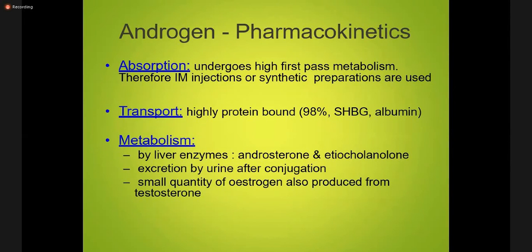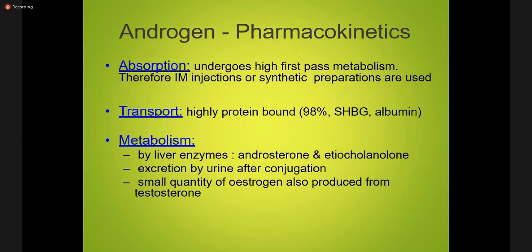If we talk about the pharmacokinetics of these androgens, I told you that they have a high first pass metabolism, so they are not suitable candidates for oral intake. This is why we use intramuscular injection or synthetic preparations, or any route other than oral, if it is pure testosterone.